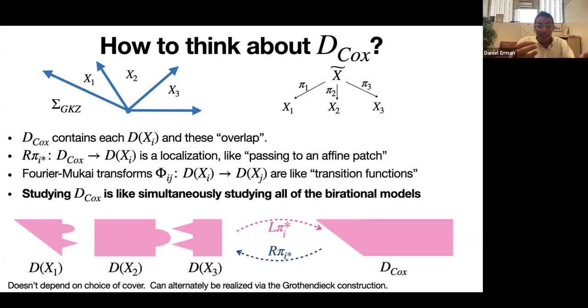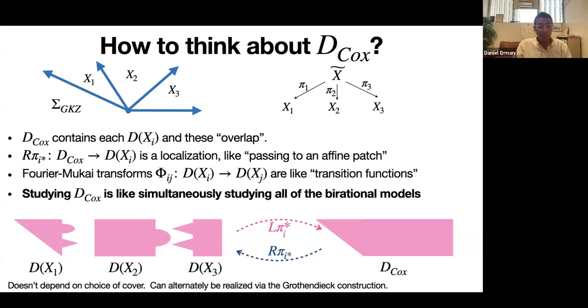Between any Xi and Xj, you can do a pull-push, and that's a Fourier-Mukai transform. It transforms the sheaf on X1 to a sheaf on X2, or a complex on X2. And I think of those transforms, in this metaphor of gluing, as like the transition functions.